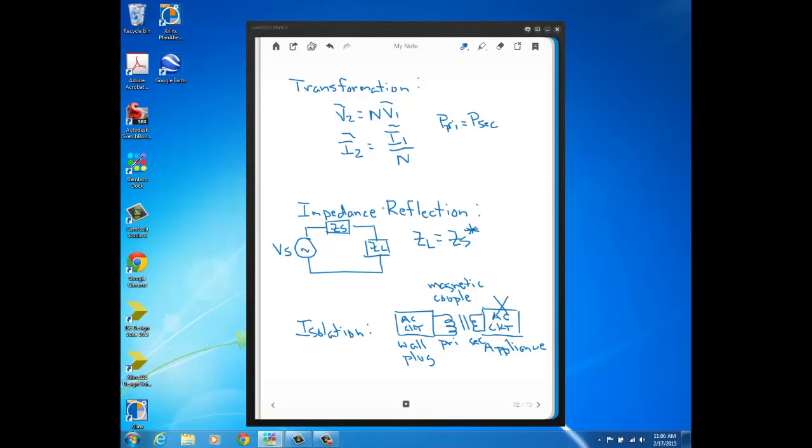So impedance reflection has to do with making a match. Remember, we called this a match, a match between a load and a source for maximum power transfer. So transformers have the ability, due to this property of impedance reflection, to make a match where it wouldn't otherwise be possible. And like I said, we're going to have a whole video dedicated to this.